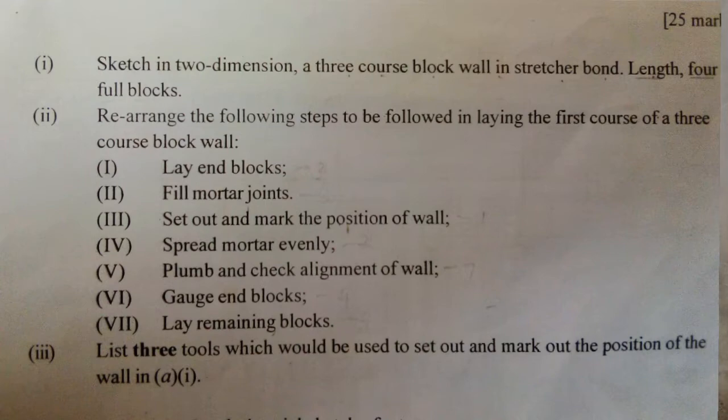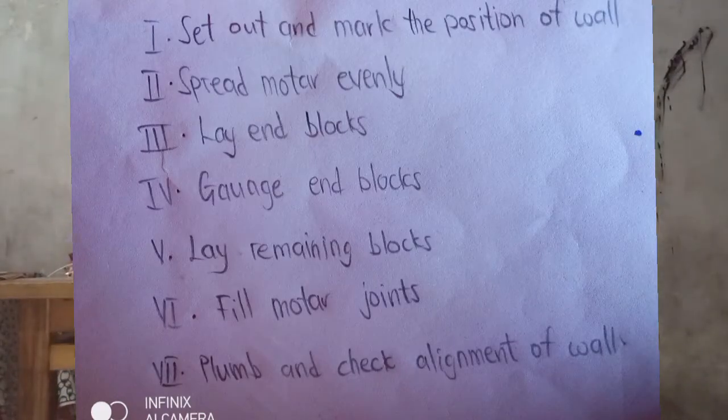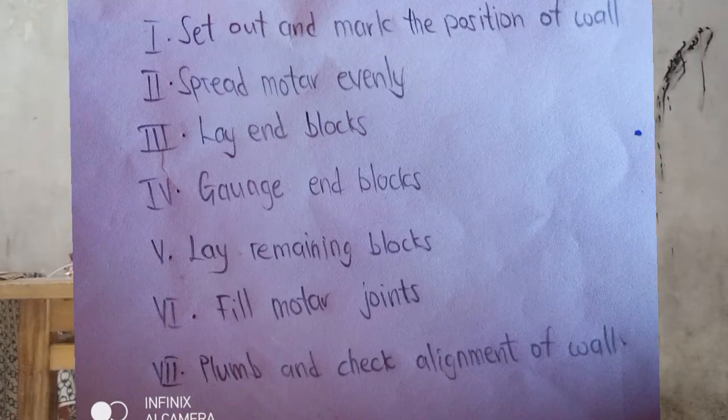So you are supposed to rearrange what we have over here to be the procedure of laying the first course of a 3-quarters block. In my opinion, first, setting out and marking the position of the wall comes first. And then I will be spreading mortar evenly.